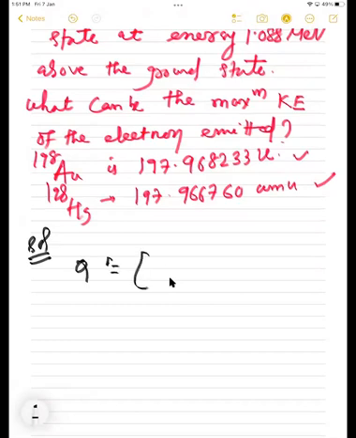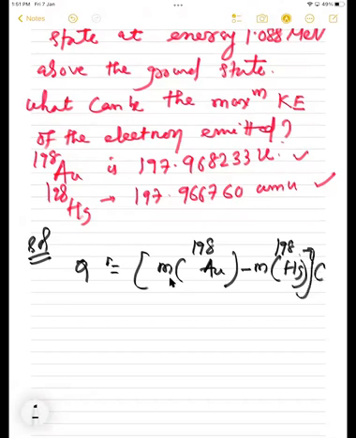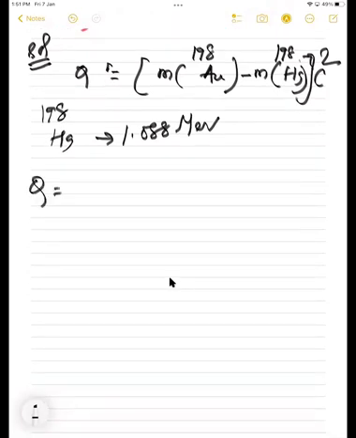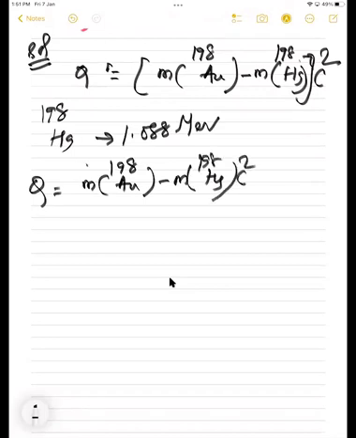Q value is always equal to the mass of gold 198 minus the mass of mercury 198, whole into c square. And if we look at the energy, students, the mercury 198 has an excitation energy of 1.088 MeV, which is more than the ground state energy. And the kinetic energy actually available, how do we find it? We subtract that. So the energy from the Q value, that is the mass of gold 198 minus the mass of mercury 198 into c square, minus 1.088 MeV, we subtract.